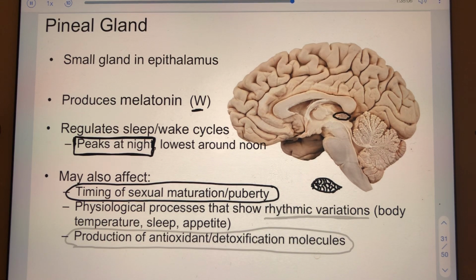Also, it probably has an impact on our temperature patterns, our activity patterns, our eating patterns, much like, for instance, cortisol. And may also impact whether we're making antioxidants, which are the enzymes that will help to degrade or really claim free radicals.